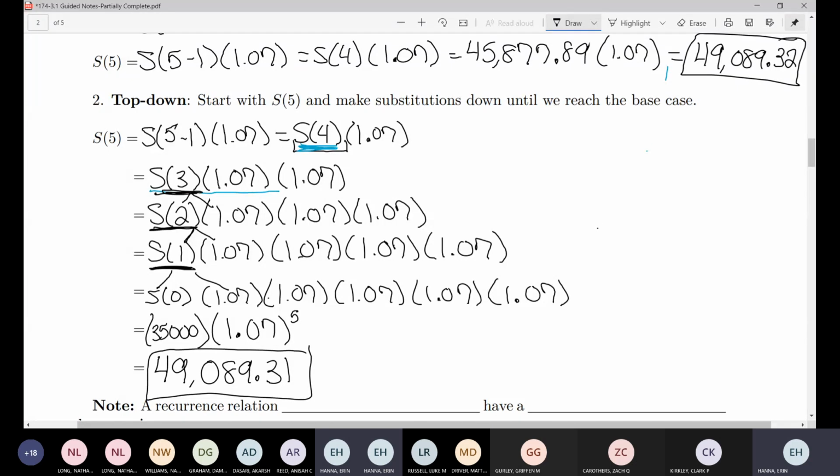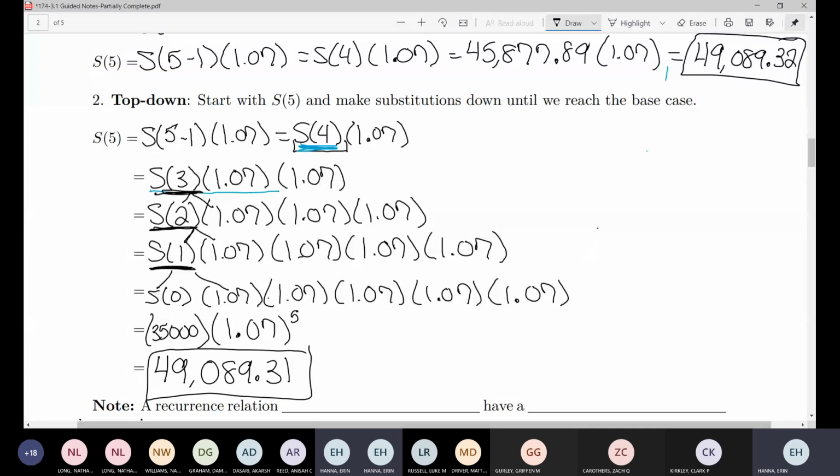So hold on. Everyone seems to be done scribbling. Well, the power is the number of years, right? Pretty much. In this case, yeah.